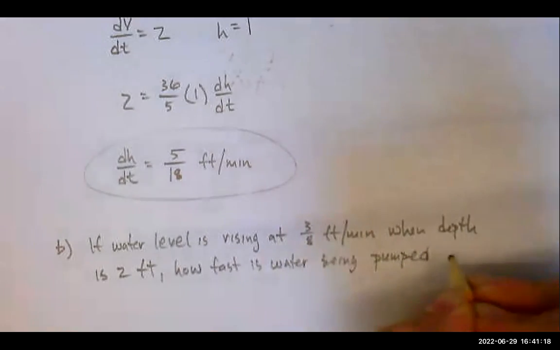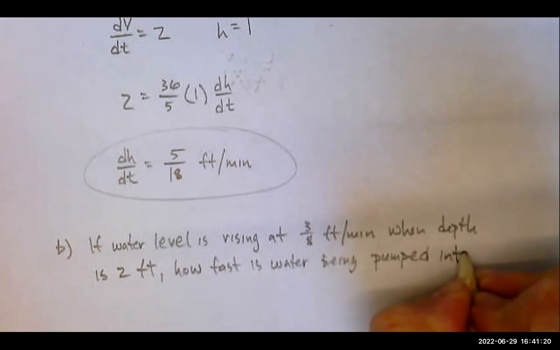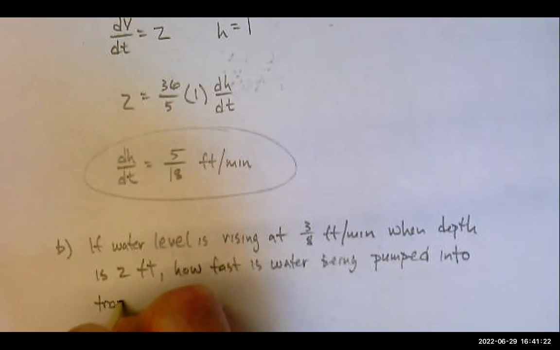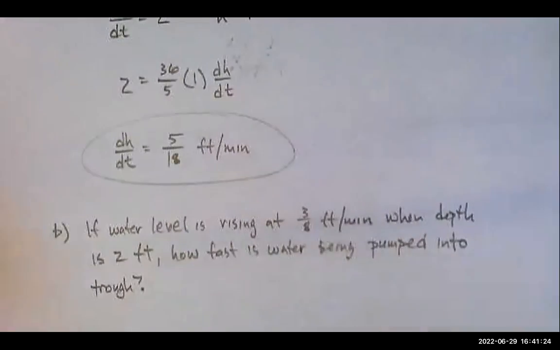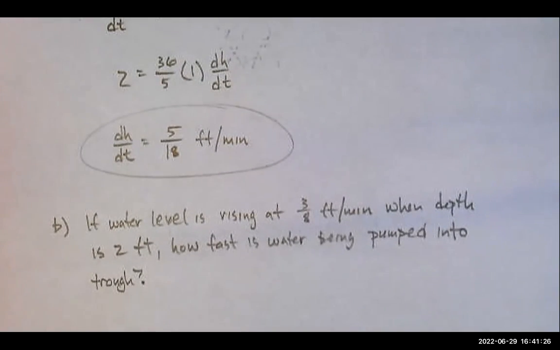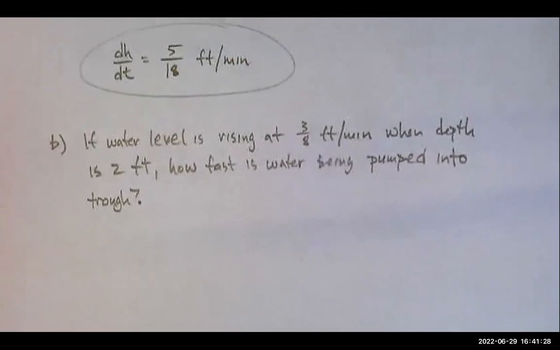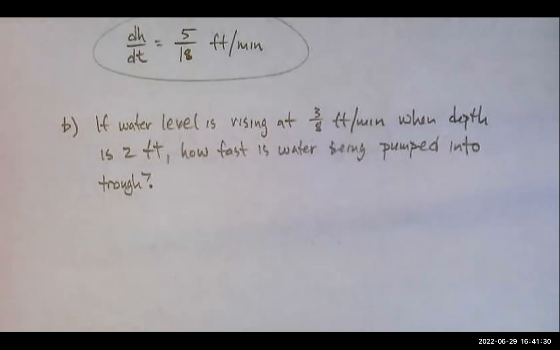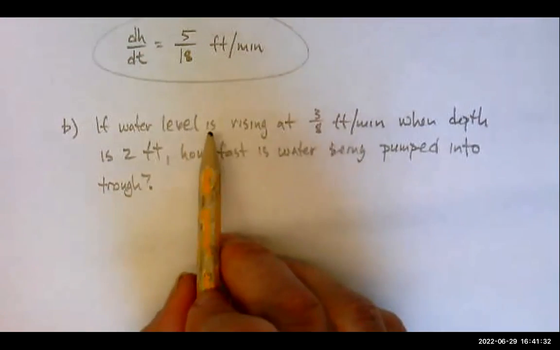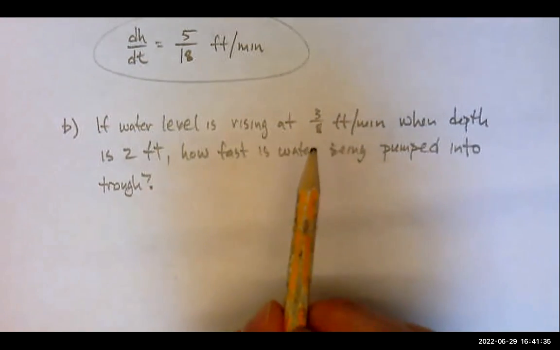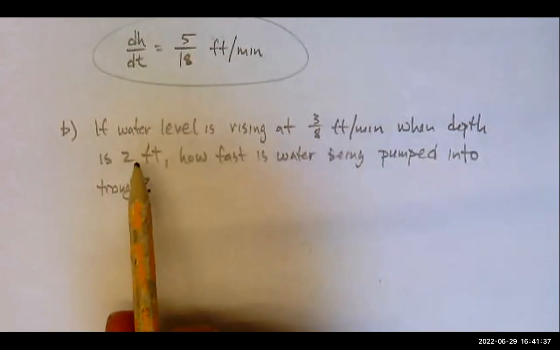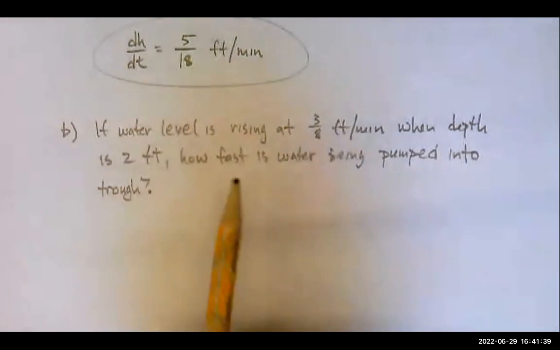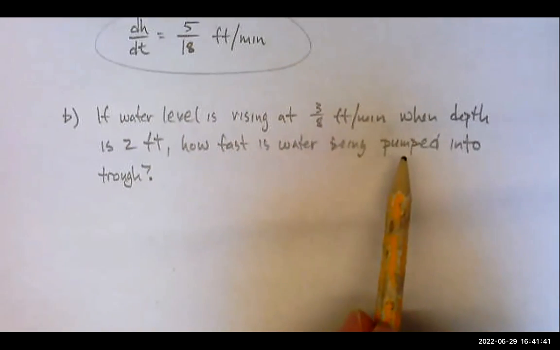Ooh, okay, switching things up. The water level is rising at 3/8 feet per minute. So that's telling us the change in the height. When the depth is 2 feet, okay, that's what h would equal. How fast is the water being pumped in?